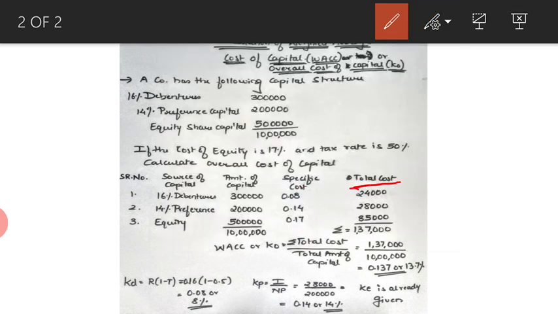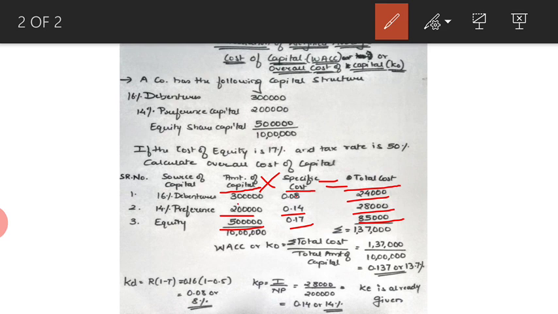Now let us go ahead with the last column. The last column speaks about the total cost. How do we calculate total cost? It is amount of capital into specific cost. So 3 lakh into 0.08 is 24,000, 2 lakh into 0.14 is 28,000, and 5 lakh into 0.17 is 85,000.